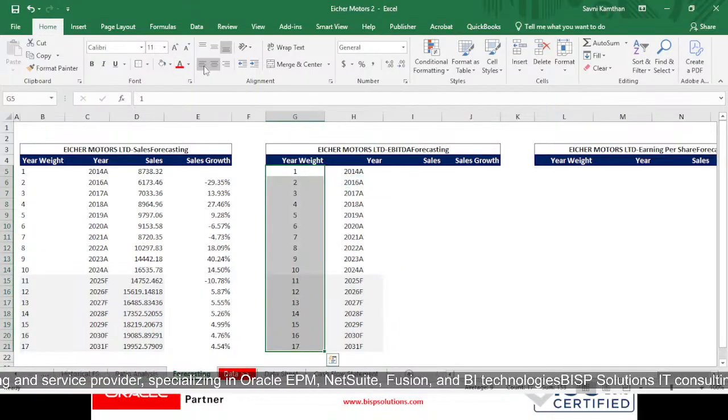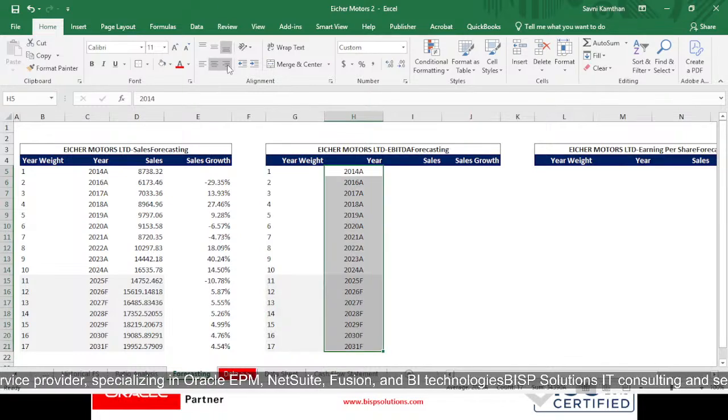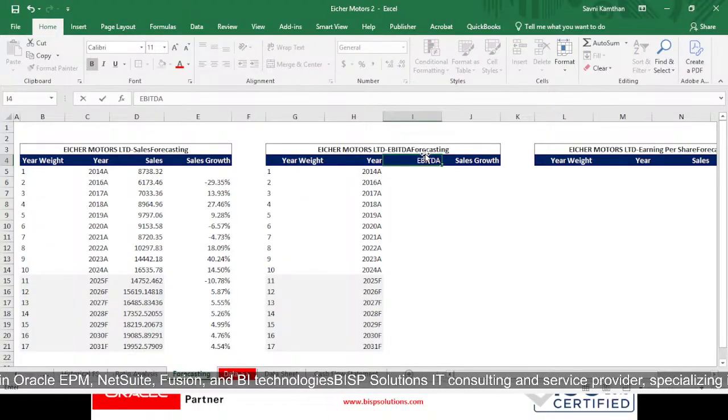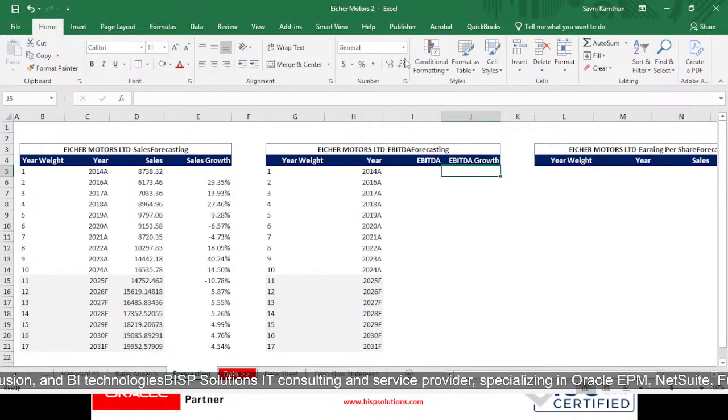year weight will be on the left side, years will be on the right side, and over here I will be changing it to EBITDA, and over here I will be mentioning EBITDA growth.